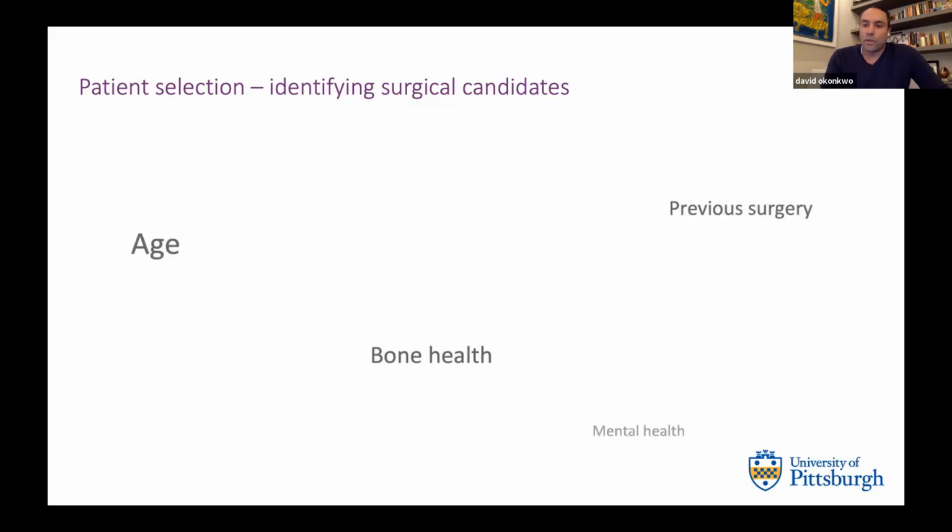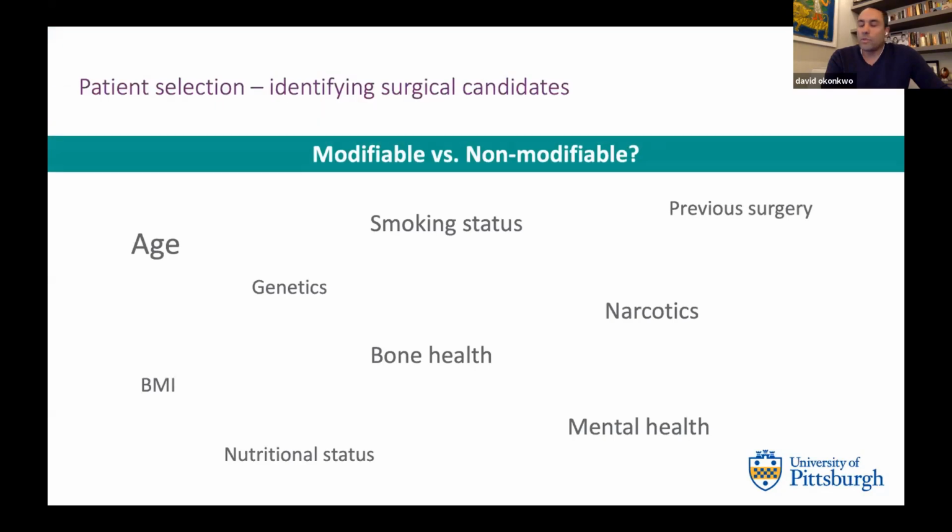And we know that there are a whole host of factors that go into what is going to affect success in the operating room. And we know that a lot of these factors fall into modifiable versus non-modifiable categories, where, obviously, the non-modifiable ones are things we cannot change, and God grant us the courage to face those things and the wisdom to understand what those things are that we cannot change.